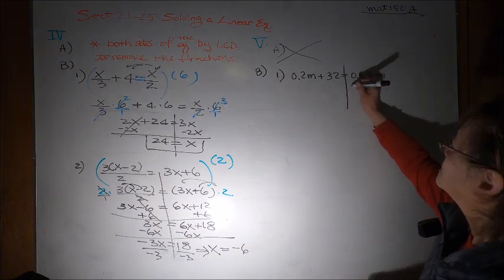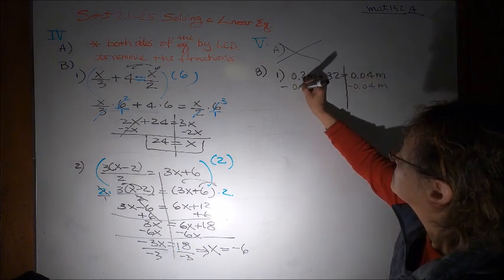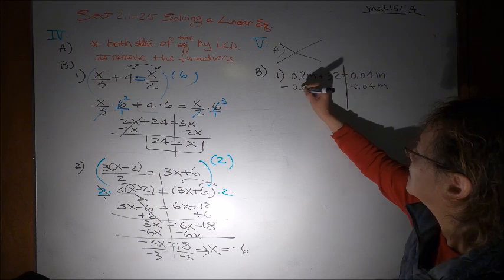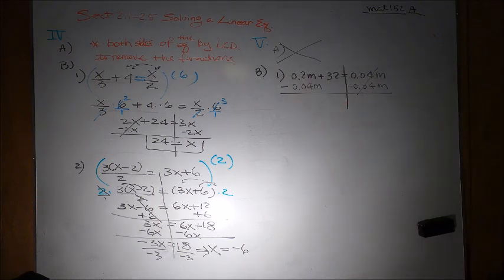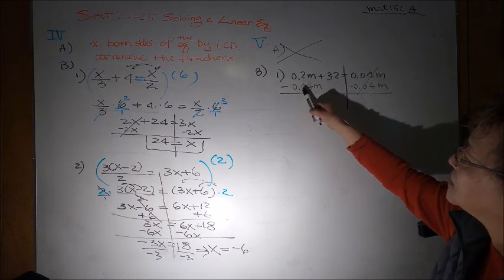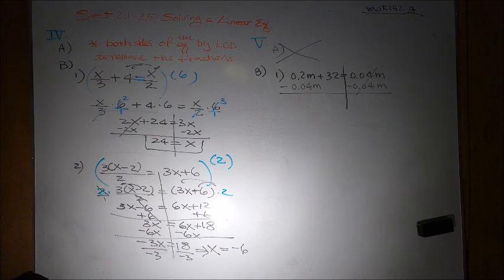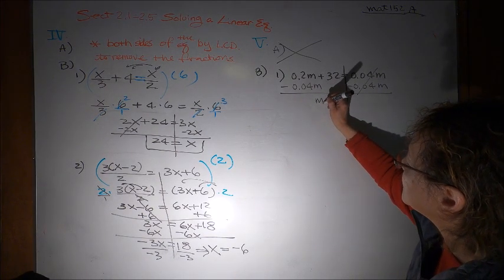Okay? So, we'll subtract this to the left-hand side, right? The variable. So what do I have? How am I going to subtract 0.2 and 0.04? Remember how to do your decimals? This is m, right?